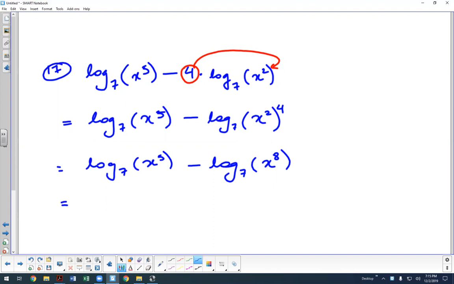And then what do we do next? You would combine, because you know it's division, so you just go back, so it'd be log base 7 of x over 5 over x over 8.